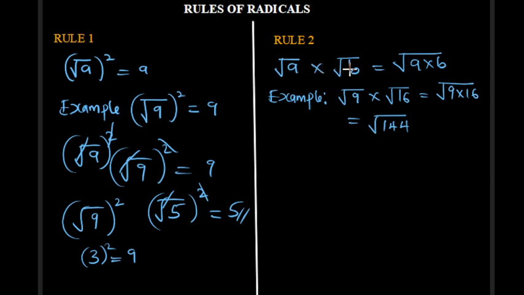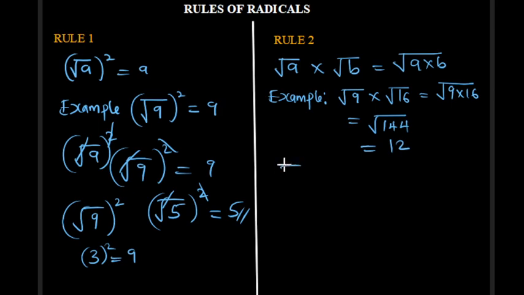root a times root b is equal to root a times b. So this is an example here. Root 9 multiplied by root 16 is equal to square root of 9 times 16, and this is 144, and this will give 12.